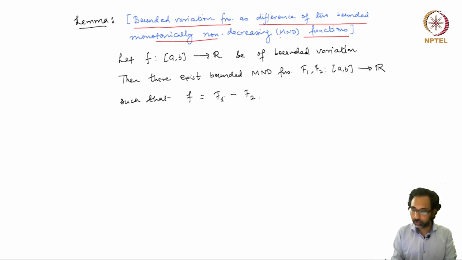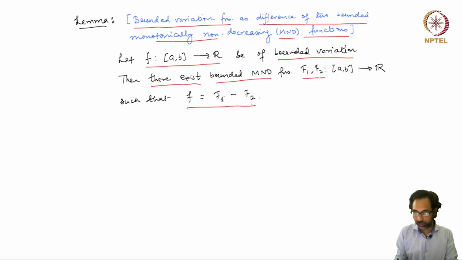So, I'm going to use this abbreviation MND for monotonically non-decreasing because we are going to use it very often. So, the statement of this lemma is as follows. If f is a function of bounded variation on this interval [a, b], then there exist bounded monotonically non-decreasing functions f_1 and f_2 such that f is the difference of f_1 and f_2.